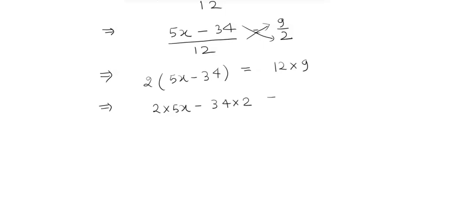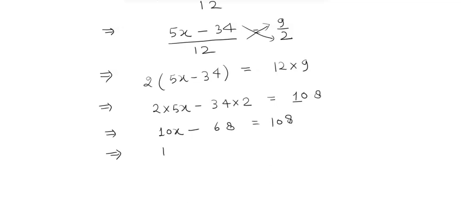And here you multiply 12 by 9: 9 twos are 18, 9 ones are 9, so 108. Again you multiply 5 twos are 10x, minus 34 times 2: 2 fours are 8, 2 threes are 6, so 68, is equal to 108.